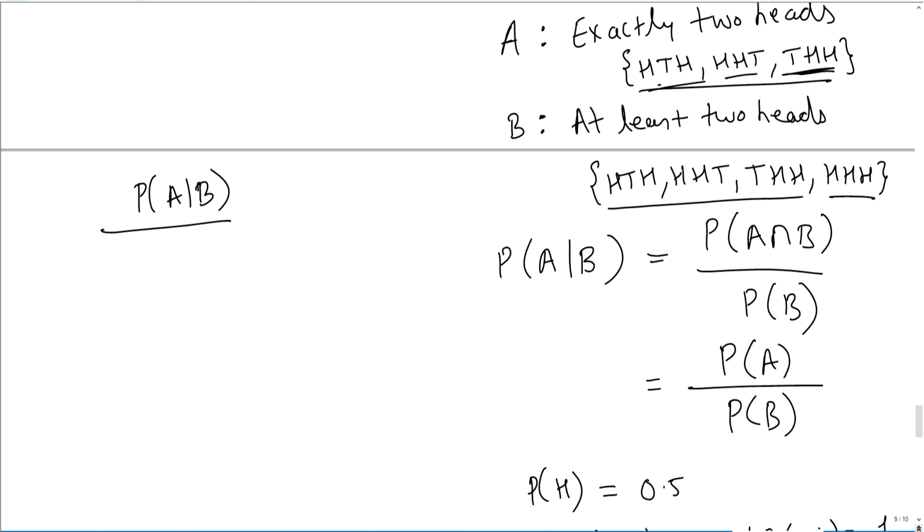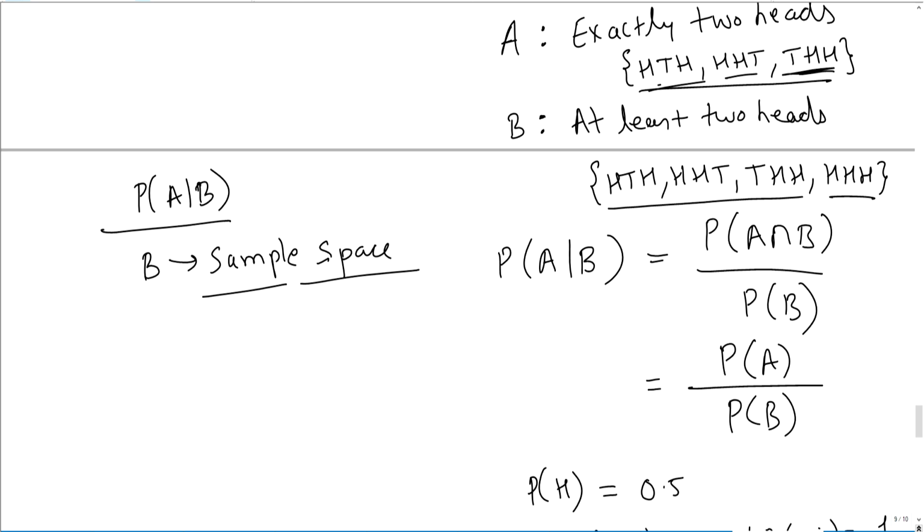What this actually means is that if you think of B as your sample space, and then you apply the 3 axioms accordingly, then whatever probability of A you get will be your conditional probability of A given B, right.